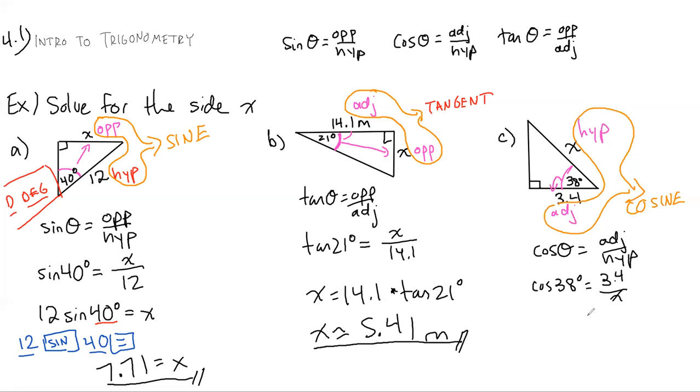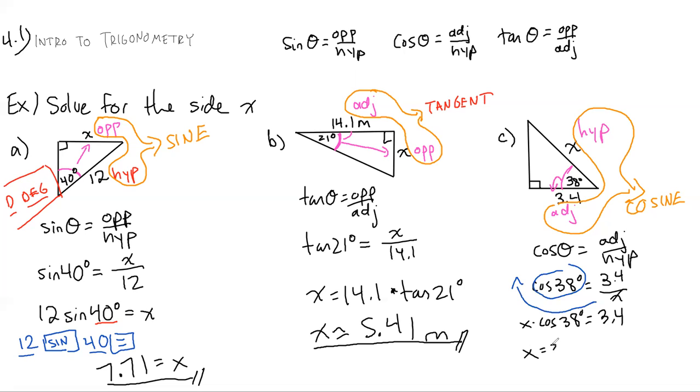Solving this one is a little bit uglier. I'm going to bring the x over here by multiplying it up, but then I also need to bring the cos down to isolate the x. Maybe I'll do that in two separate steps. If I want to get rid of the x on the bottom, I get x times cos 38 degrees is 3.4.